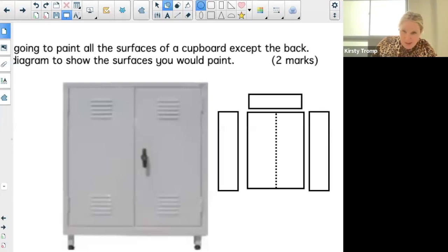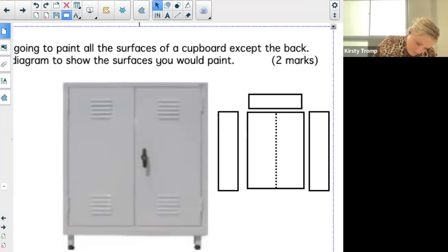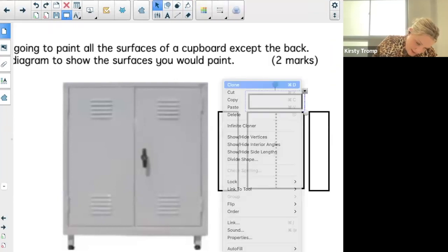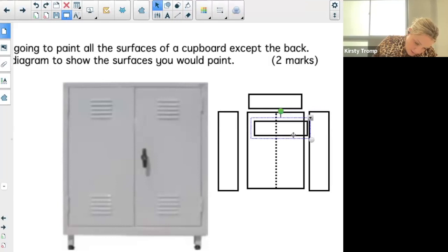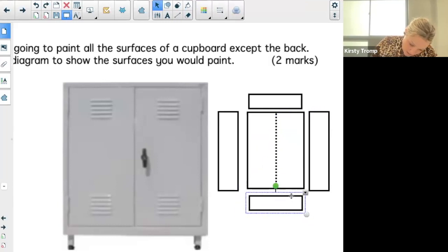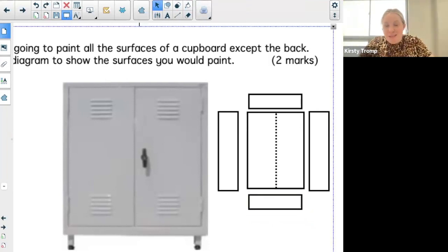So there's the top of the cupboard. And don't forget, the one that everybody always forgets, I want to paint the bottom of the cupboard. Done.